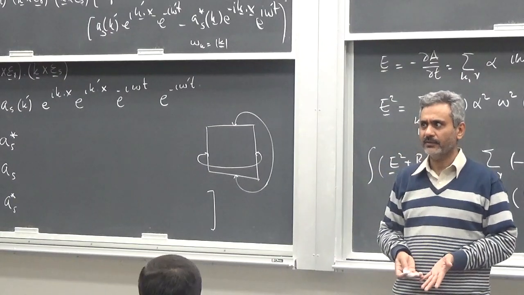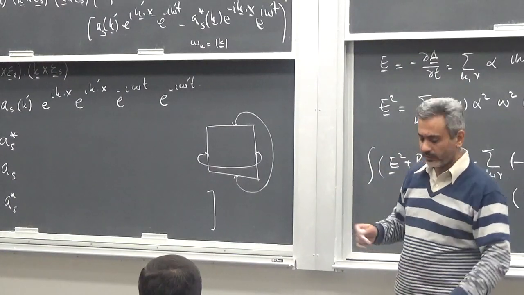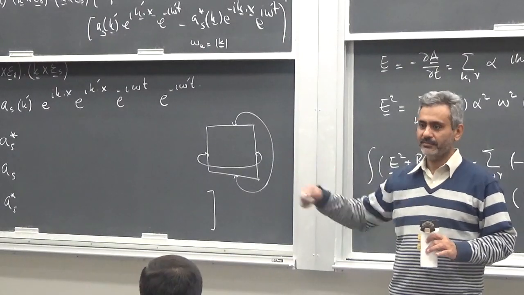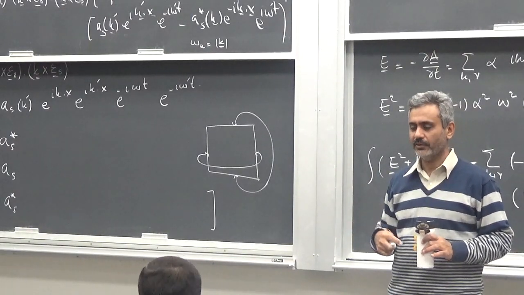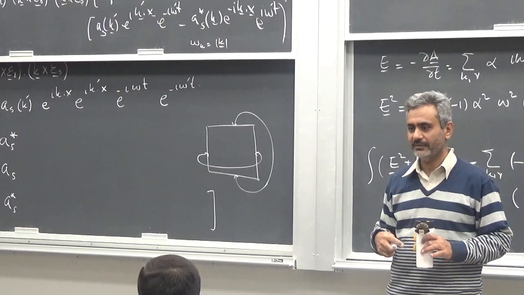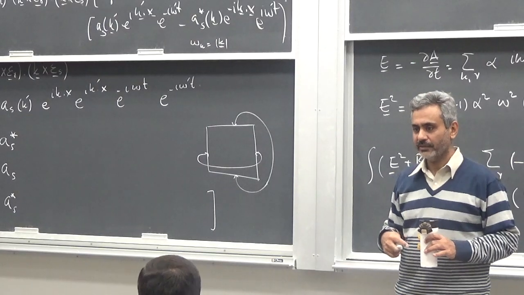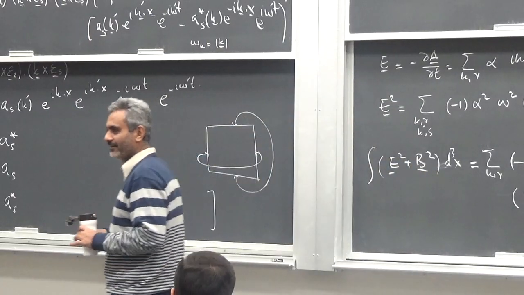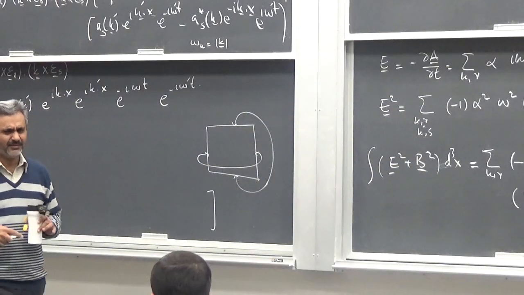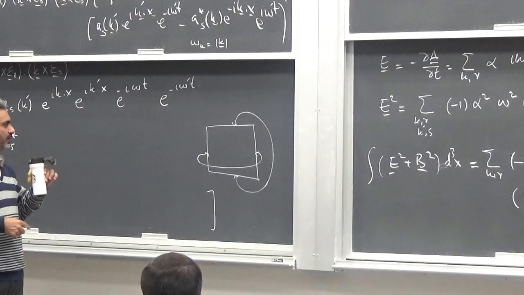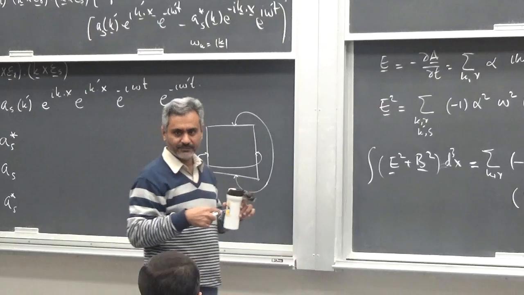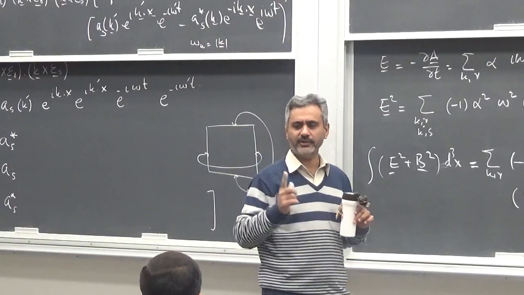There are other modes present, but they will destructively interfere, and it's the same argument that De Broglie gave for stable orbits of the electron. So you just have to think of this in four dimensions. Bohr's model, yeah, Bohr.